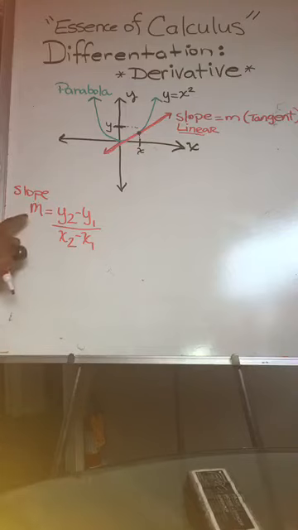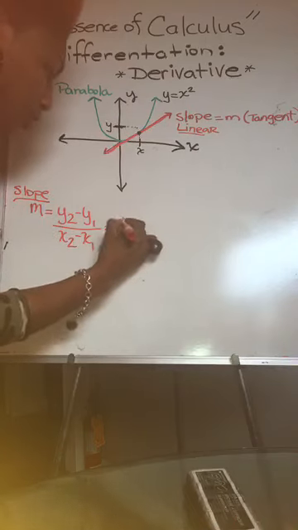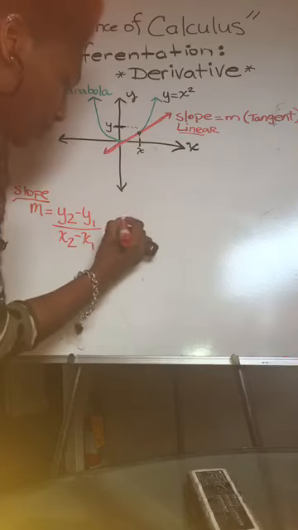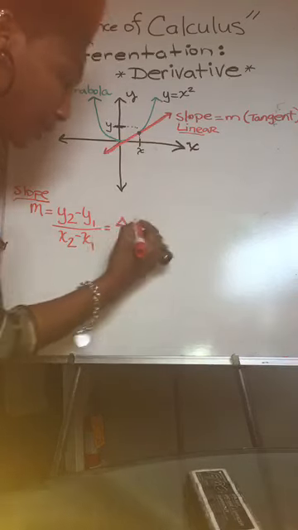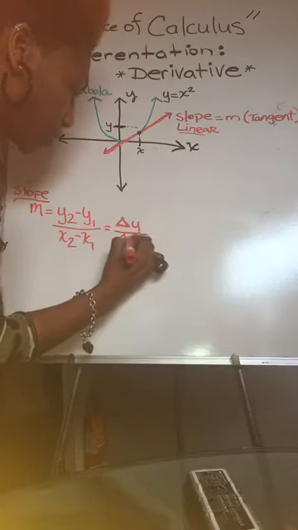So this is also, you can say, the change, and we use a delta symbol. The delta symbol comes from the Greek alphabet, I hope I'm saying it right, but it is a Greek symbol called delta. All those deltas that are out there, we use this in our math. So we have the change in y divided by the change in x.